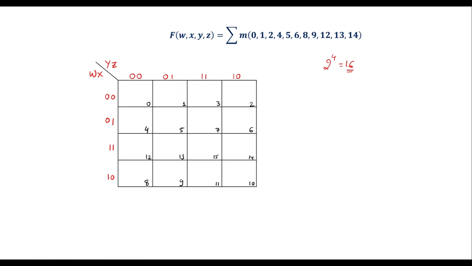So after writing the structure of the four variable K-map, we have to consider these min terms. In these cell numbers we have to write logic 1.